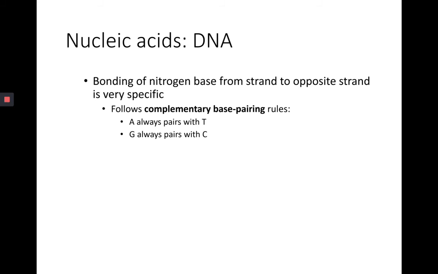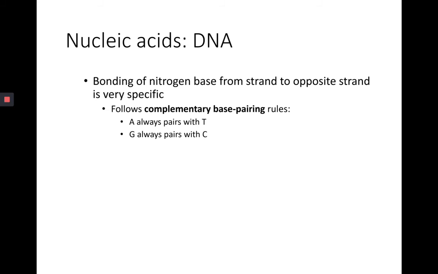DNA is also going to exhibit complementary base pairing. So for example, since we have 2 strands of DNA and they're both made up of linked nucleotides, at one point the bases come together and they will hydrogen bond in order to form what is called the double helix, which is essentially 2 strands that have twisted around each other.